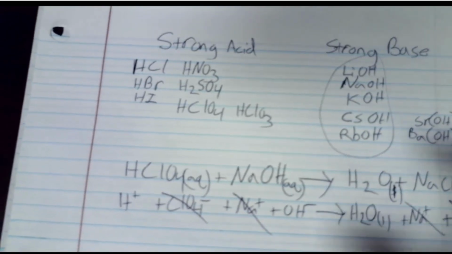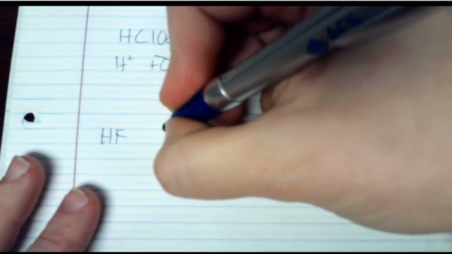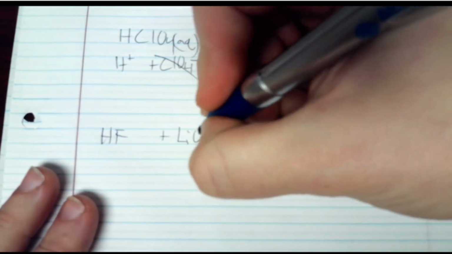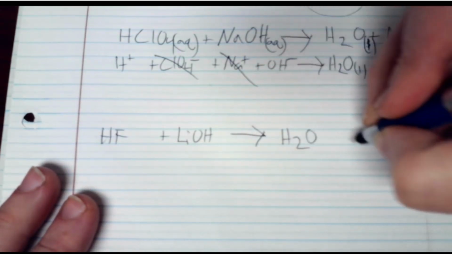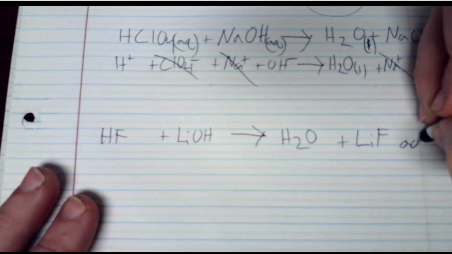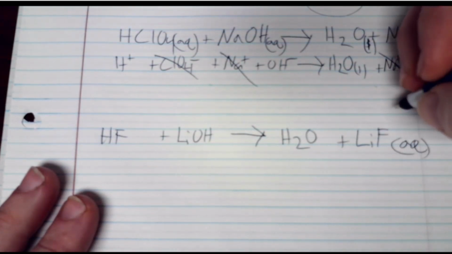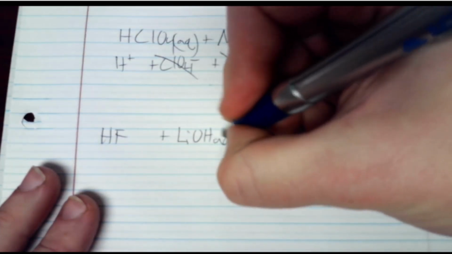But our weak acids, they're a little bit trickier. Weak acids. So if I did HF and lithium hydroxide, still forms water and a salt. But this guy is aqueous, a liquid, aqueous.